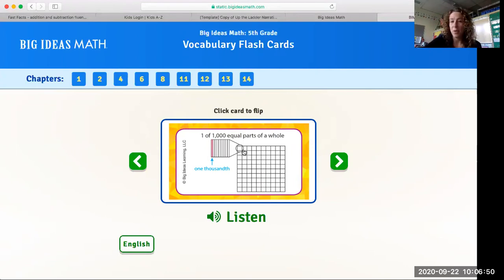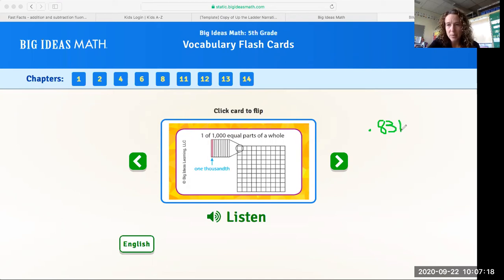Okay, now we did not do the thousandth spot yet, but it just comes right after the hundredth. So let me show you. If I have my decimal point and then I have the number that we were working on, 83, behind that decimal point, and then I add one more number, this is the thousandths place.